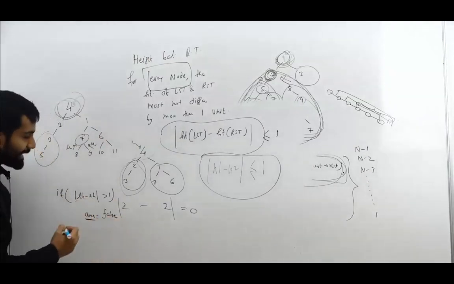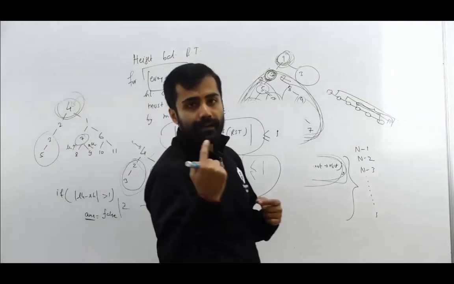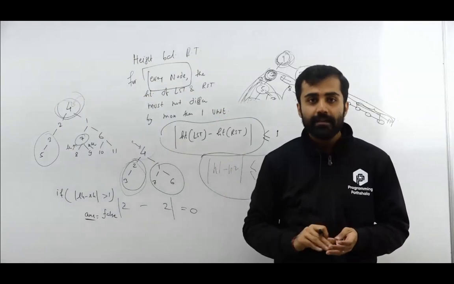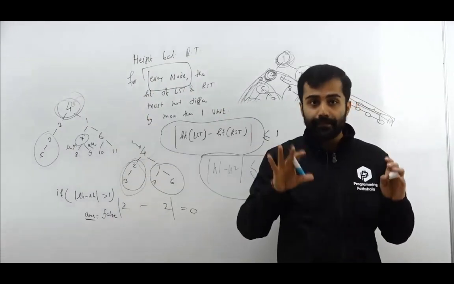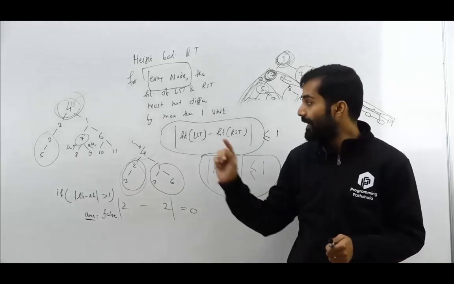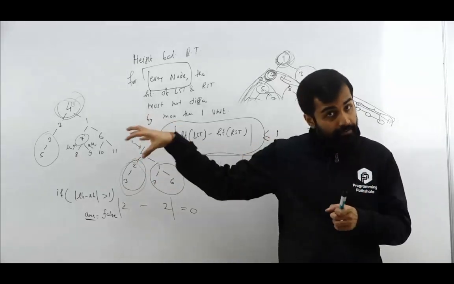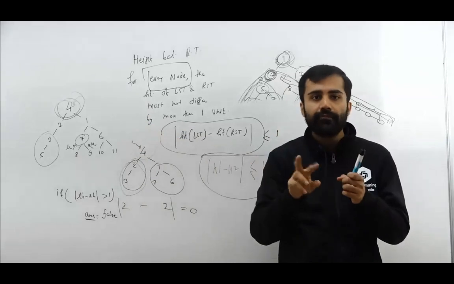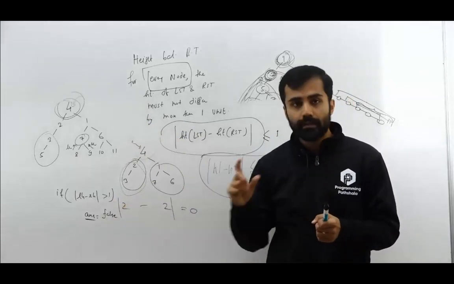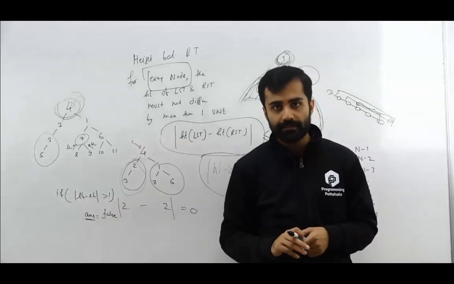This answer can be a Boolean variable, which you can keep global, or pass by reference. You let your get height method remain as it is. The only trick is that whenever the left height and right height have been returned for a particular node, just check their difference. If the difference exceeds 1, you turn your answer variable to false. That's it.